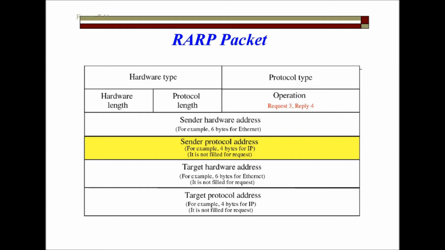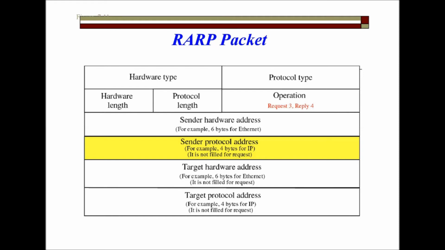Next field is SHA, which is sender hardware address. This is a variable length field defining the physical address of the sender. When the sender uses the physical address, this field is used. Next is SPA, which is sender protocol address. This is a variable length field defining the logical address of the sender.